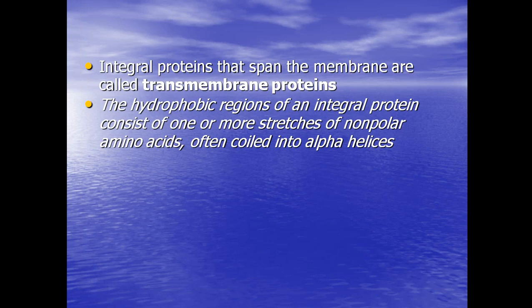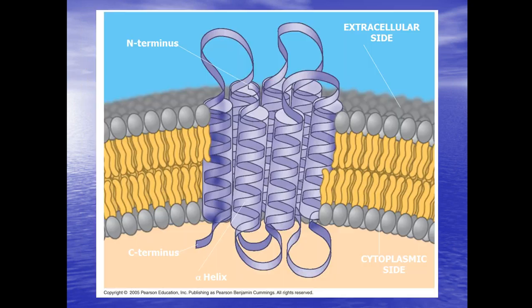In the transmembrane proteins, there is a hydrophobic region of one or more stretches containing amino acids, where most of the amino acids are coiled, and the coiling is alpha helical. See, the transmembrane proteins show the amino acids as an alpha helix.